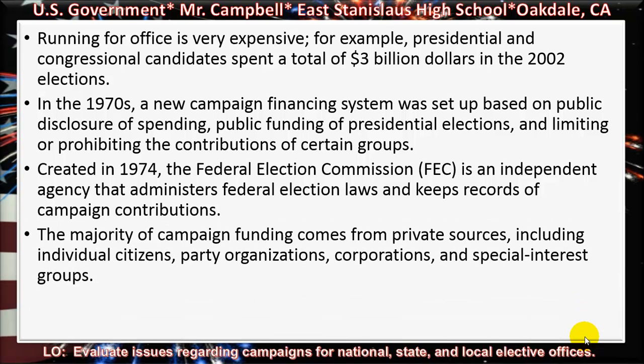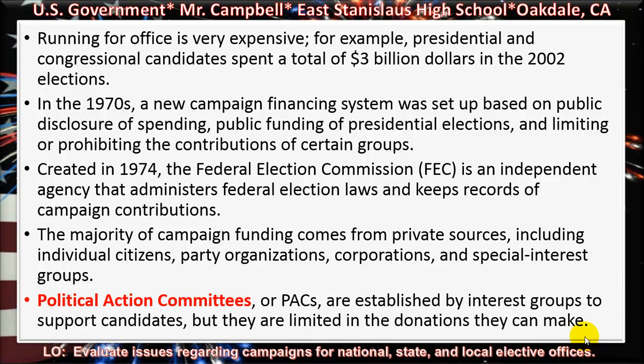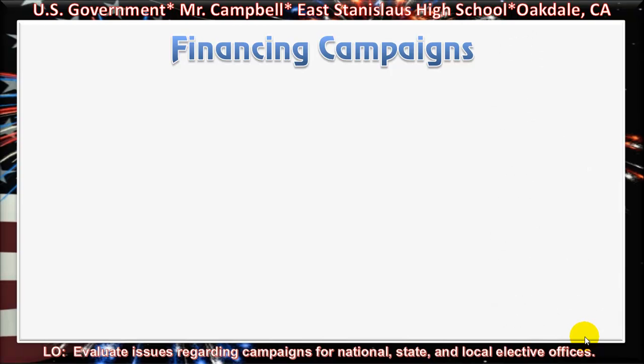The majority of campaign funding comes from private sources, including individual citizens, party organizations, corporations, and special interest groups. Political Action Committees, or PACs, are established by interest groups to support candidates, but they are limited in the donations that they can make.